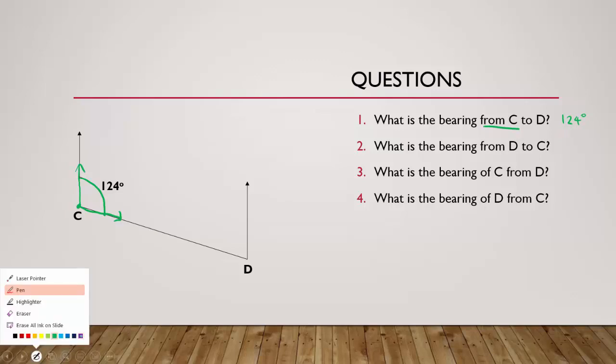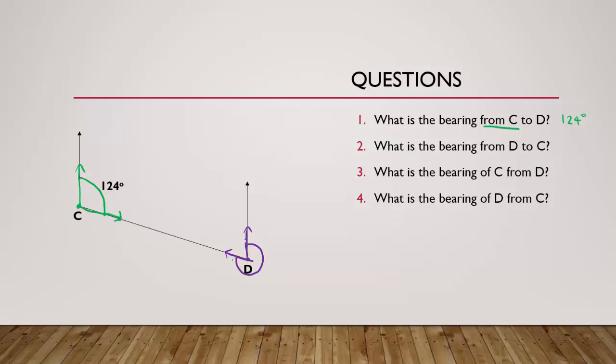What is the bearing from D to C? So from D means I'm standing at point D. I'm going to draw myself a north line. And how do I get to C? I need to go in that direction. So if I draw the angle, going clockwise, it's that angle there. Now, like last time, I prefer to work out this angle first.